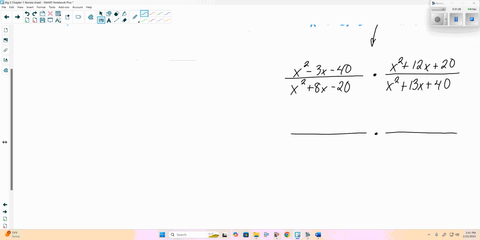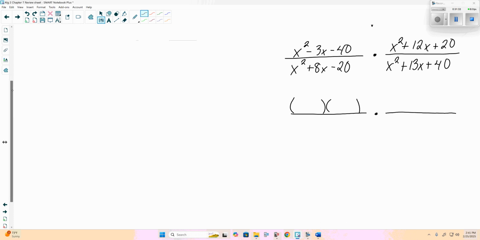So the next step is to factor. Well, we don't have a difference of perfect squares, so we just have to pick a spot and go. So I'm going to start with x squared minus 3x minus 40. Since the third term is negative, our signs will indeed be opposite. Our factors of x squared are x and x. Now the factors of 40 are 1 and 40, 2 and 20, 4 and 10, 5 and 8.